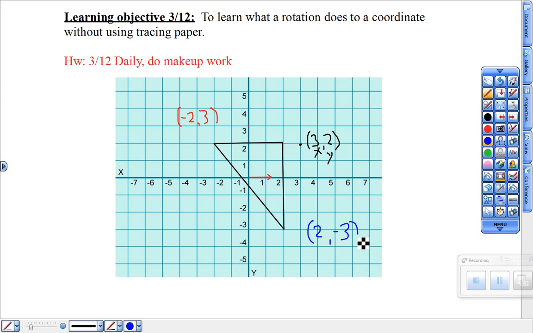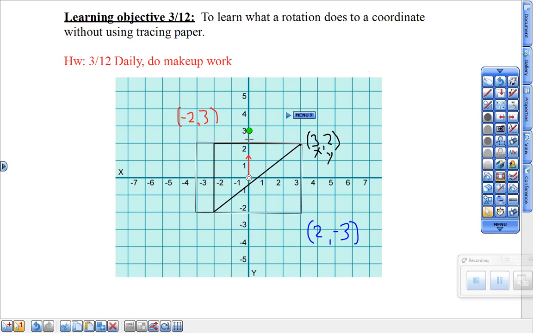So you can see that is the flip-flop of this, but the y is made negative, and that happens every single time. A rotation, a 90 degree turn to the left, is the flip-flop of the original point with x made negative. A 90 degree turn to the right clockwise is the flip-flop of that point with the y made negative.